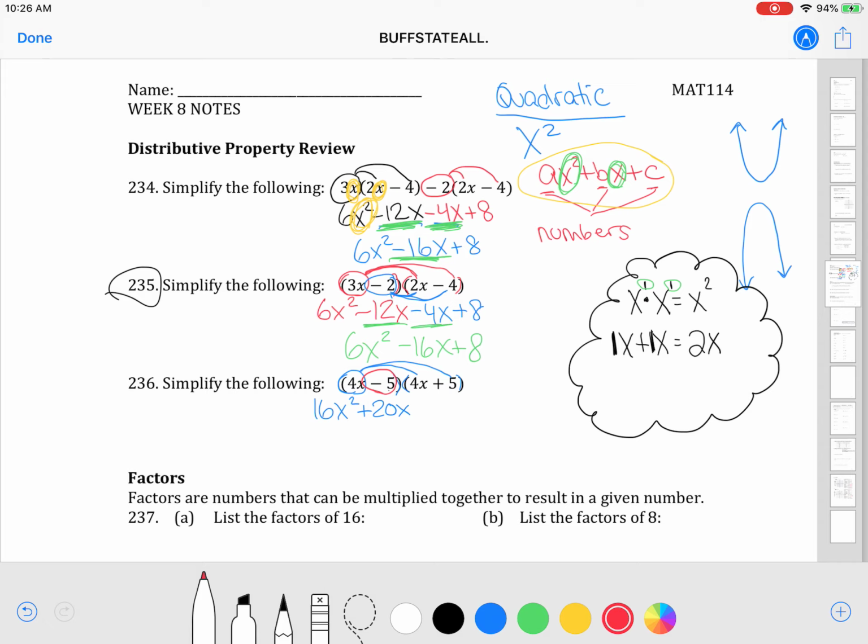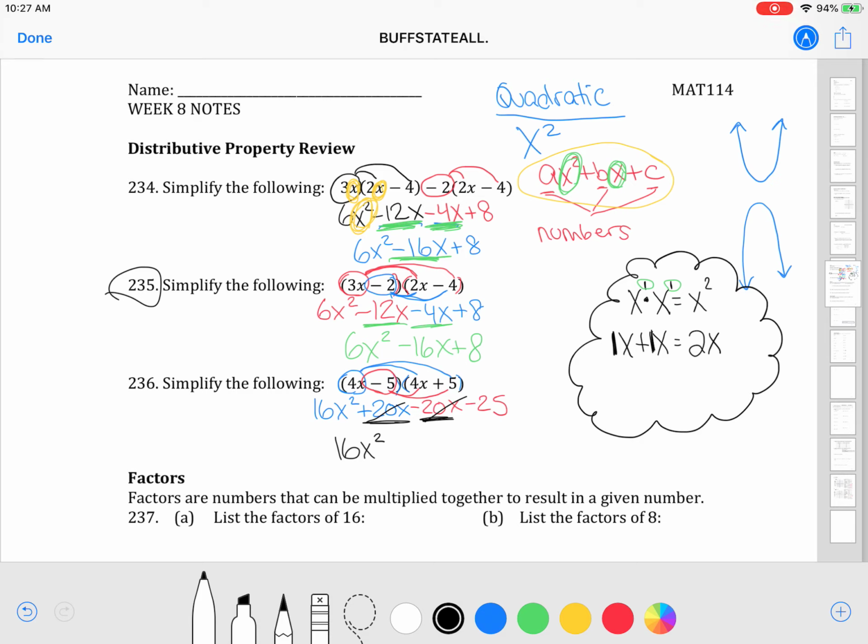Then I have a negative 5. That negative 5 needs to be distributed through. Negative 5 times 4x is a negative 20x, and a negative 5 times a positive 5 is a negative 25. Same idea as the last one. When I'm at this step, all I need to do is simplify by combining like terms, but I have a positive 20x minus 20x. Those are going to cancel each other out and leave me with nothing for x terms.